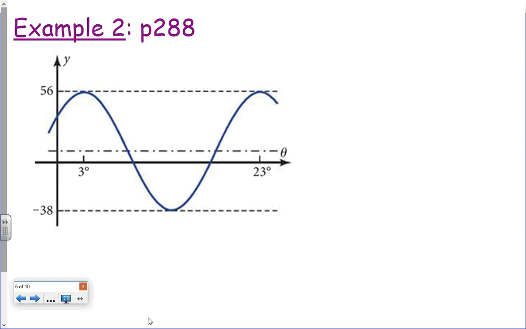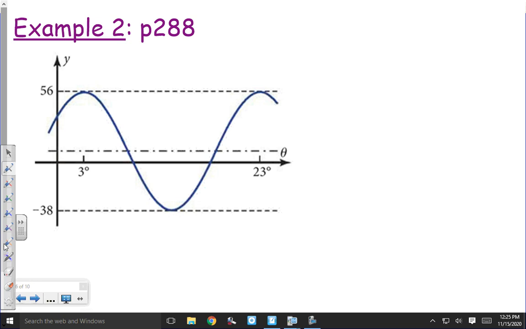I guess the first thing that I want to do is actually to find the values of A, B, C, and D, and then we'll figure out what our period and frequency and all that stuff is here.